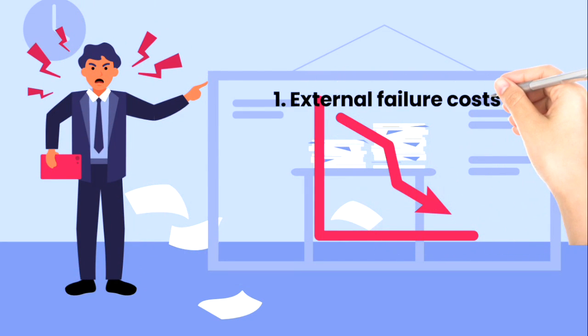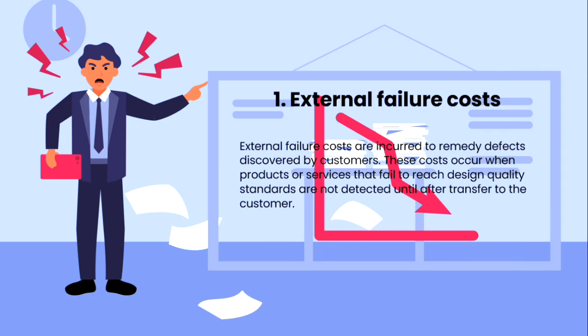External failure costs are incurred to remedy defects discovered by customers. These costs occur when products or services that fail to reach design quality standards are not detected until after transfer to the customers.